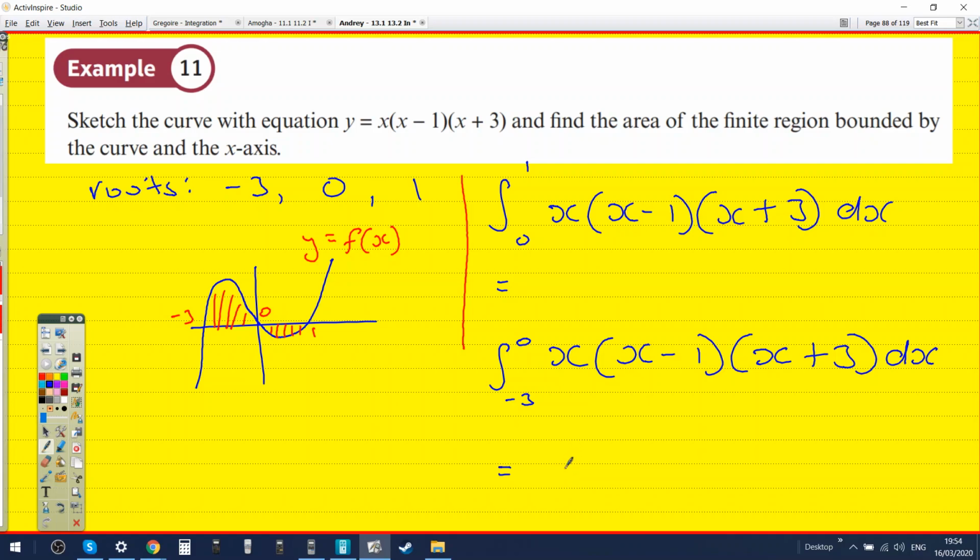That's between 0 and -3, is it? Yeah. Okay. And then after, it's going to be 1 and 0. Mm-hmm.